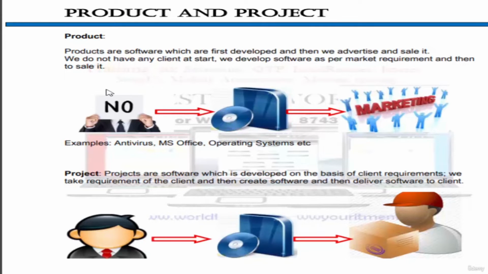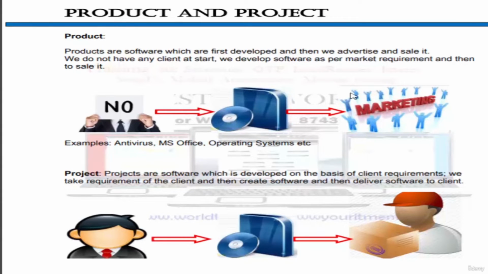Once that software is developed and tested, we give it to the marketing team for marketing, for selling it to the outer world. So here we don't have any initial client. We understand the market need, and accordingly we develop software, and at the end, we take it to the market for sale.